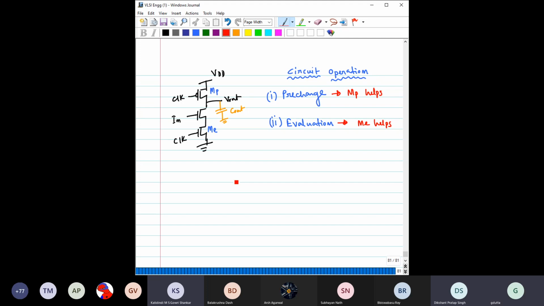So pre-charge means when clock equal to 0. So when clock equal to 0, that means you have given here 0, you have given here 0. Right? That makes this transistor on, that makes this transistor off.